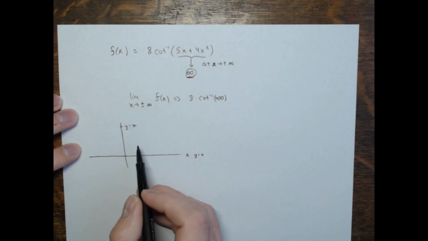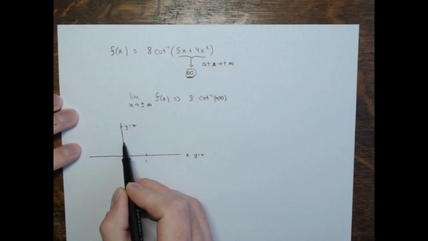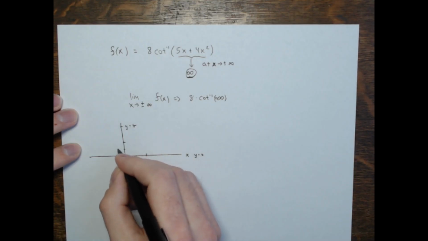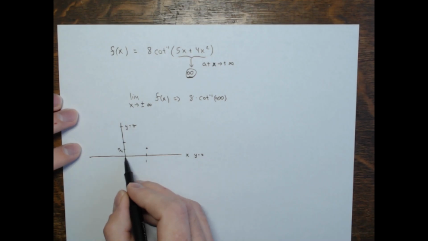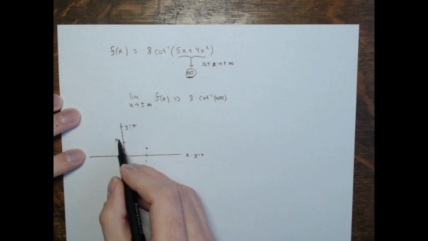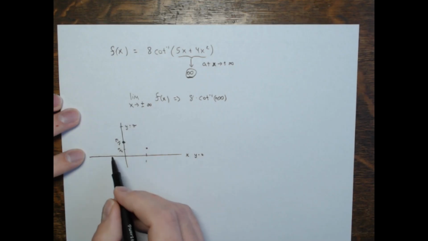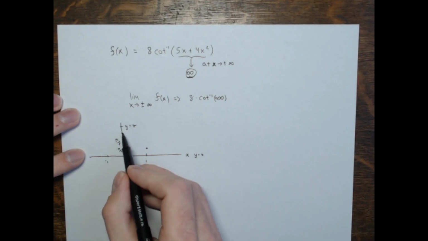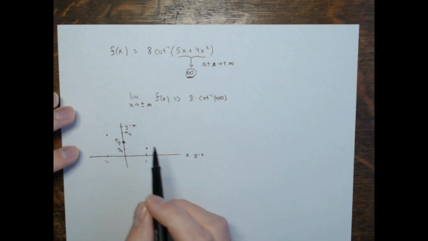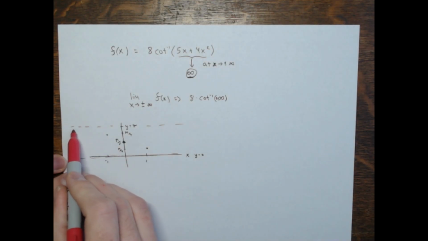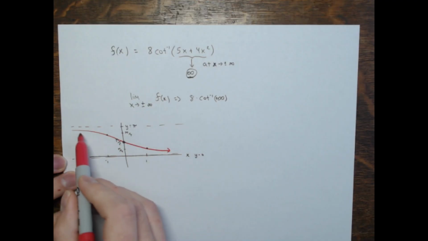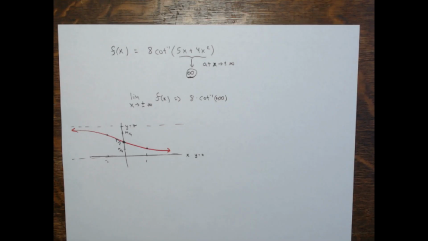Inverse cotangent of 1 was pi over 4, inverse cotangent of 0 was pi over 2, and inverse cotangent of -1 was 3 pi over 4, and so on. And you had these asymptotes of 0 and pi. This is your inverse cotangent, and it looks something like that.